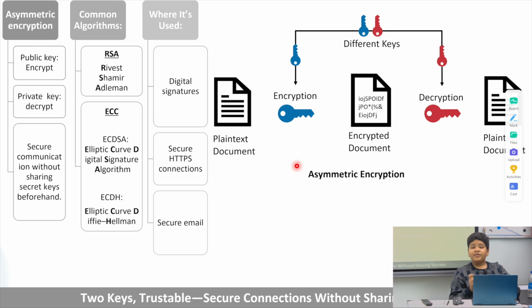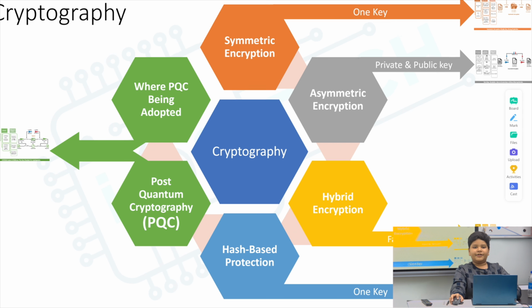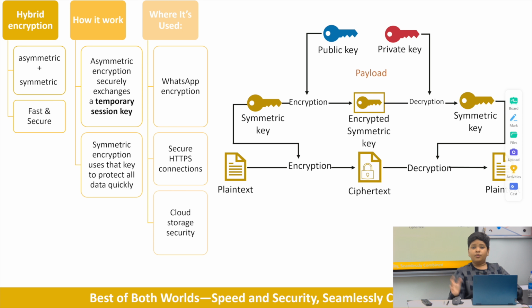So how do we not share the key and have it fast and power efficient? For that, we use hybrid encryption. In hybrid encryption, we combine both symmetric and asymmetric. We use the asymmetric as a private channel for the symmetric key, and then the symmetric handles the actual data.